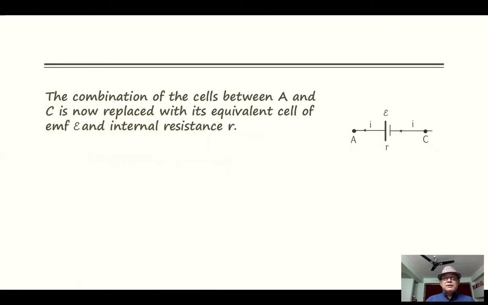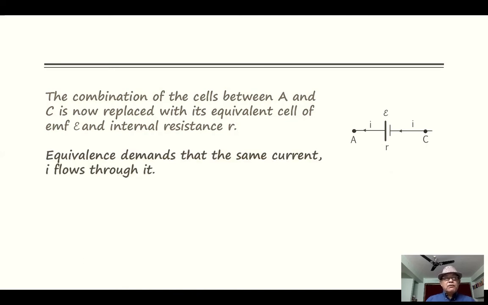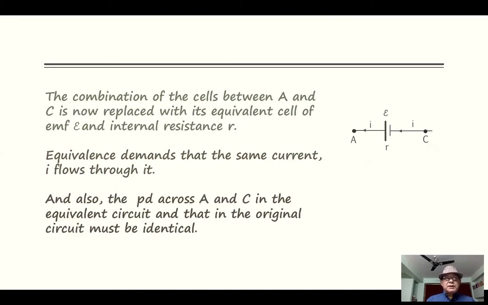The combination of the cells between A and C is now replaced with its equivalent cell of EMF E and internal resistance R. Equivalence demands that the same current I flows through it, and also the PD across A and C in the equivalent circuit and that in the original circuit must be identical.